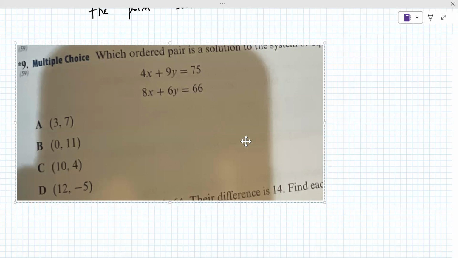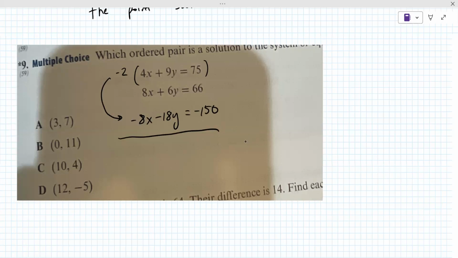Well, no, like 4 goes into 8. Right? Yeah, and that's what I was looking for you to see, because while you could multiply both equations to get rid of the y, you can just multiply the first equation by -2 to get rid of the x. Oh, okay. And that's what you're looking for, is something where you only have to multiply one equation rather than more than one.